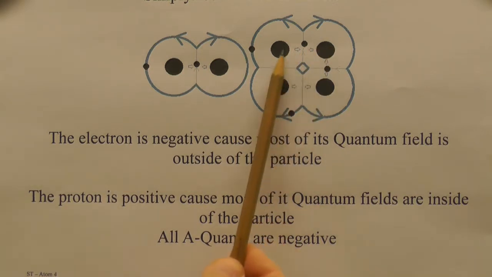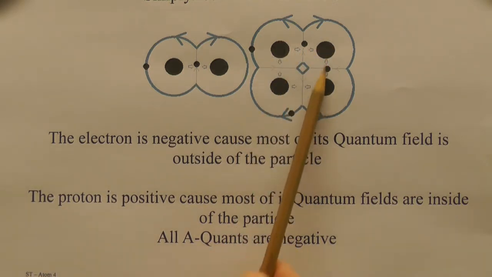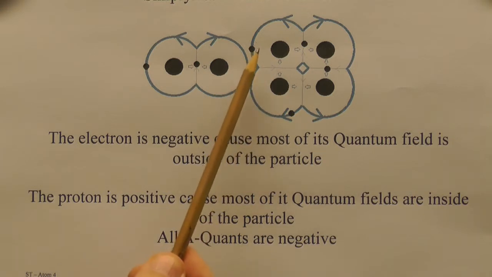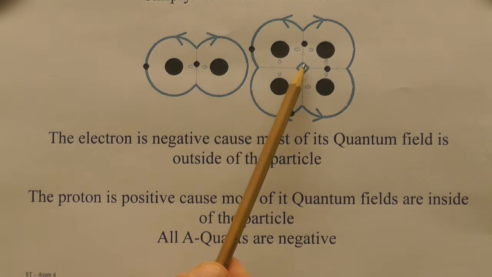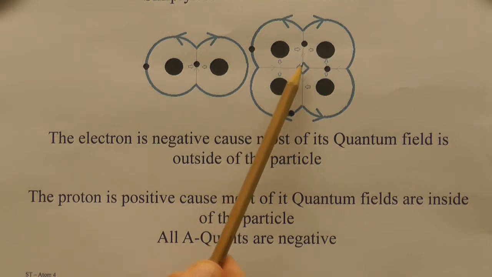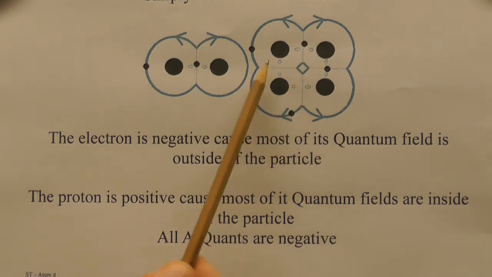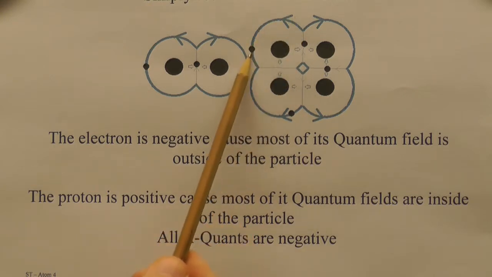The anchor quants are connected several times, and the inside moving parts of the quants are the positive loading, while the outside moving parts are the negative loading.